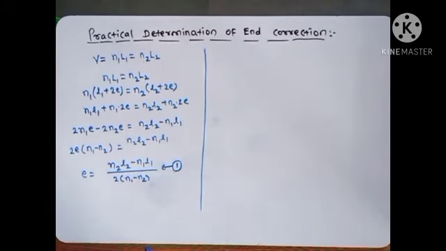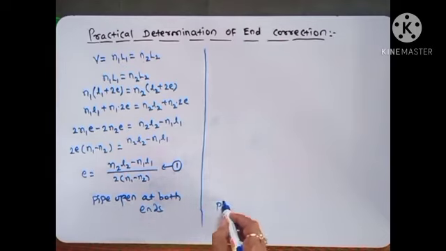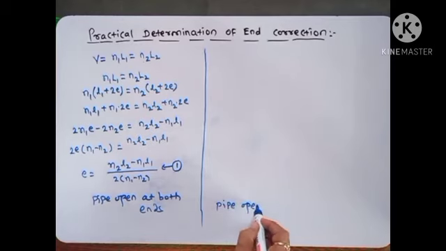Now we consider the next one, the same thing for a pipe closed at one end. Here we considered the pipe open at both ends. Now we consider the pipe open at one end.